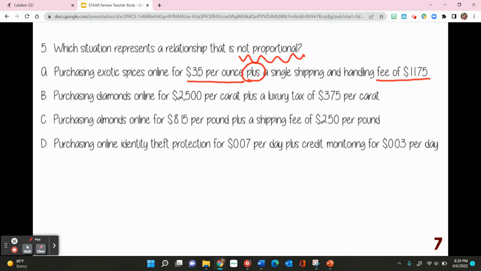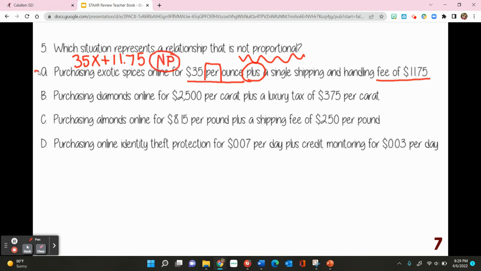So for this, I have $35 per ounce. So that can be written as 35x plus a single shipping and handling fee of $11.75. The shipping and handling fee is not per ounce. It's just a one-time fee. Here I see that these values cannot be combined, so this is non-proportional.